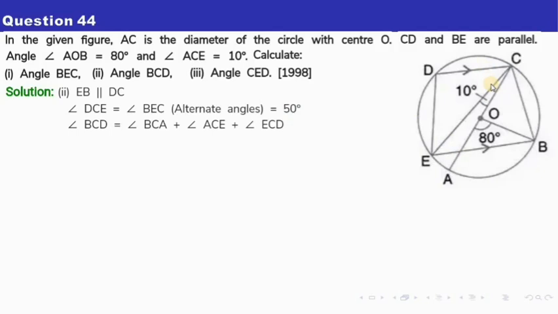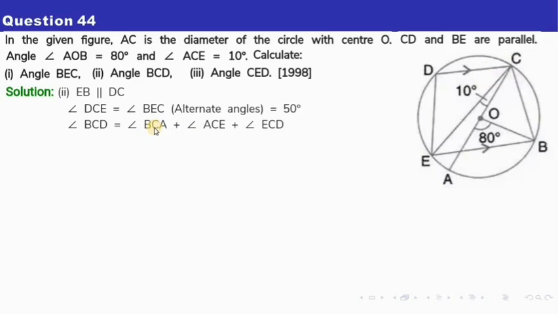All right, now we are asked to find BCD. So BCD can be written as this angle, that is BCA, plus this angle, that is ACE, plus this angle, right? So all these three angles, when they are added together, we will get BCD. So that's what is written out here.